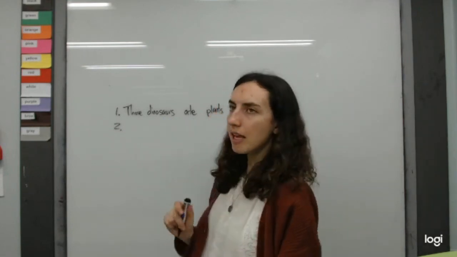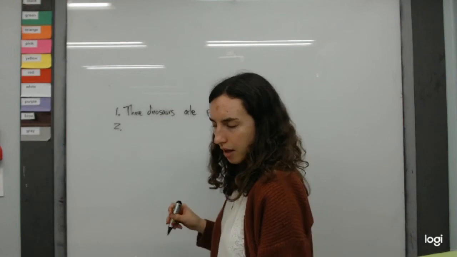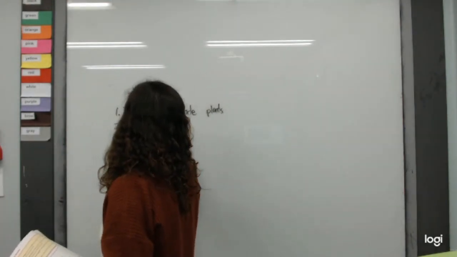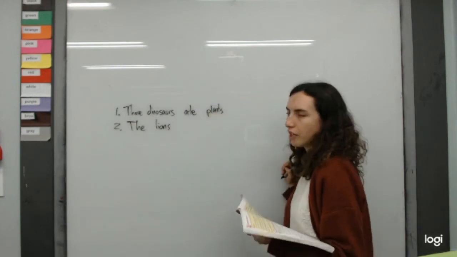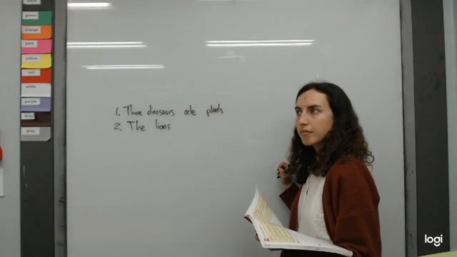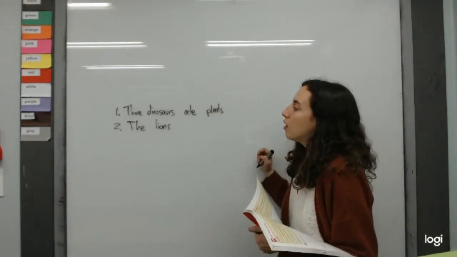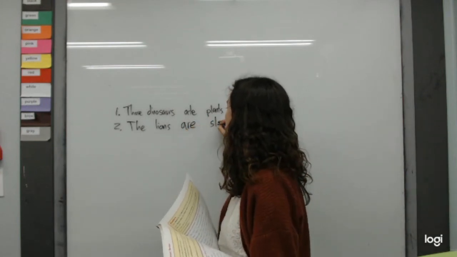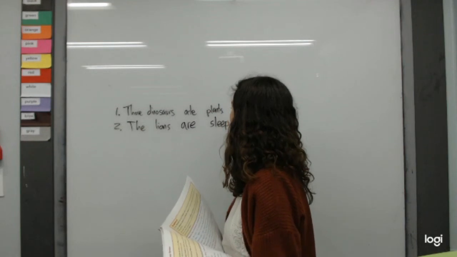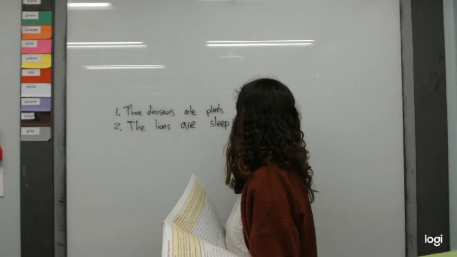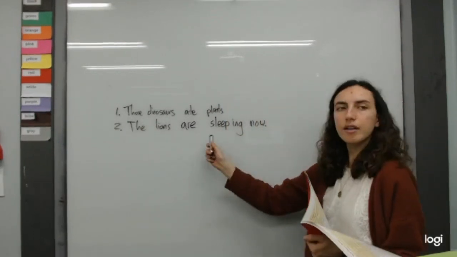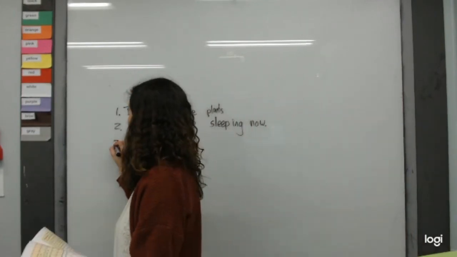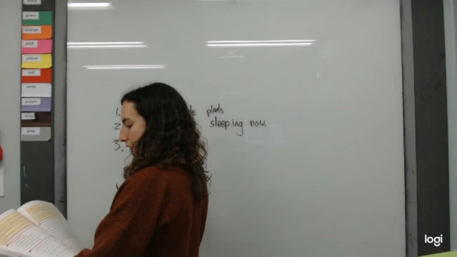So how can we say this with ing? The lions what? The lions what now with ing? So remember, with ing, we need two verbs. So the lions are sleeping now.